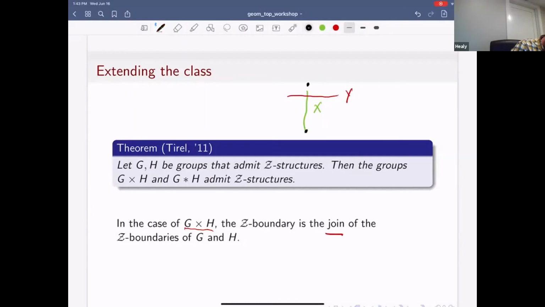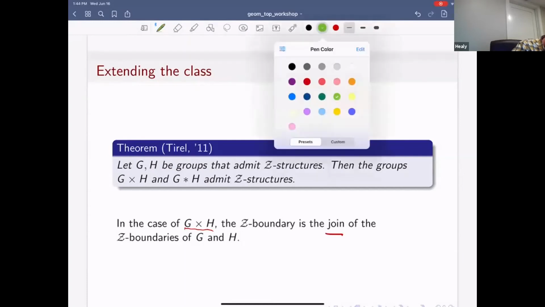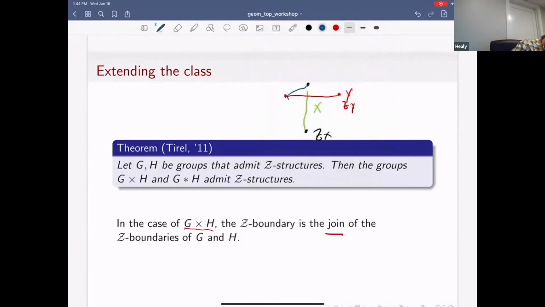Here's your boundary for X, and here's your boundary for Y, and then you'll get something that looks like the join between these as the boundary of X cross Y, or the space that you get the direct product at. Okay, so again, similar to the construction in the CAT(0) case.